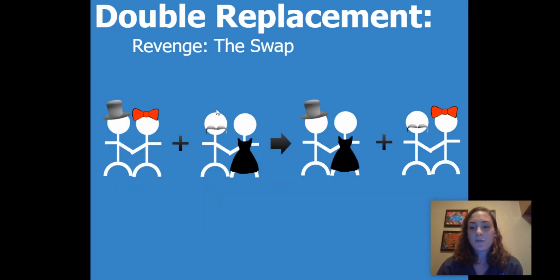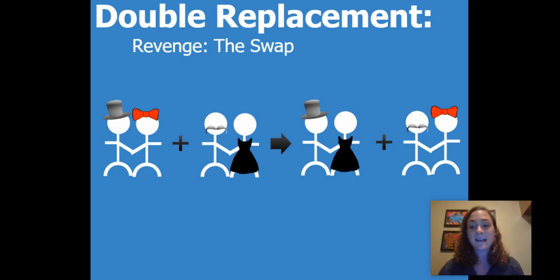All right, and then we've got one more with this relationship metaphor. So this is revenge, also known as the swap. So little did you know, but Little Black Dress actually did have a boyfriend. She wasn't really single. The boyfriend just wasn't out with her that night. So Top Hat and Red Bow are together.